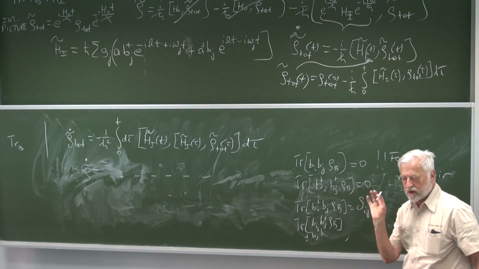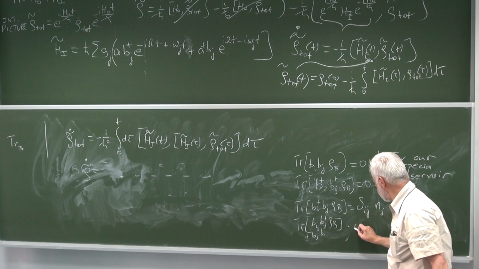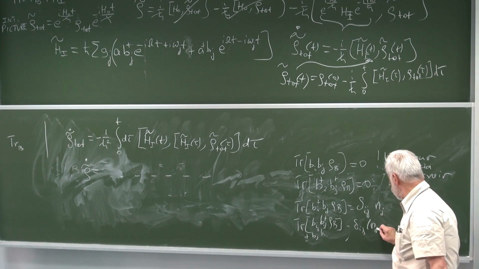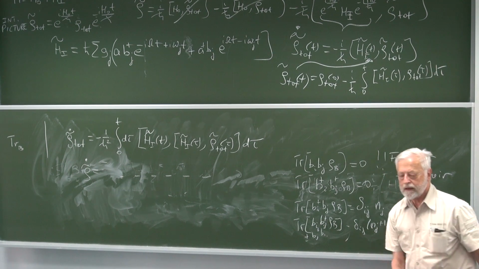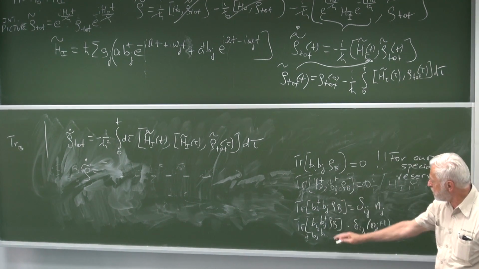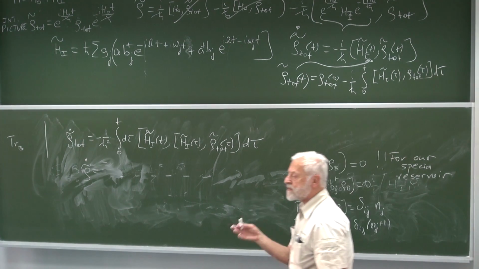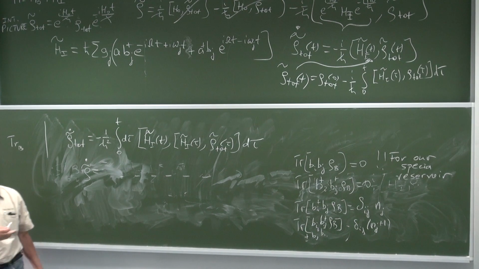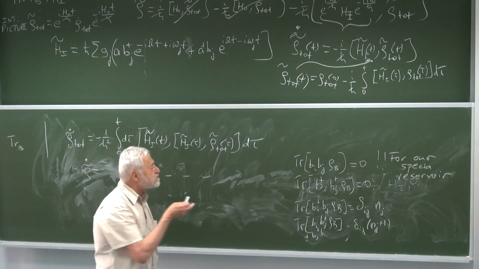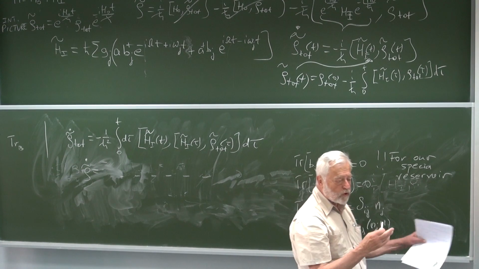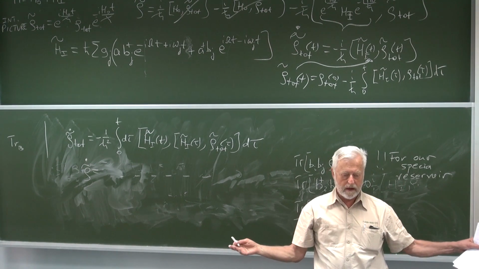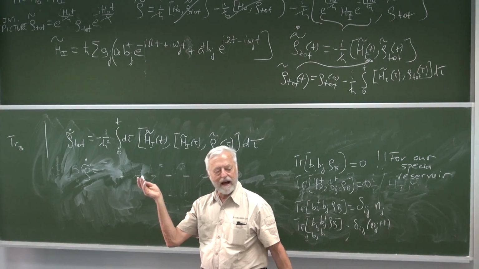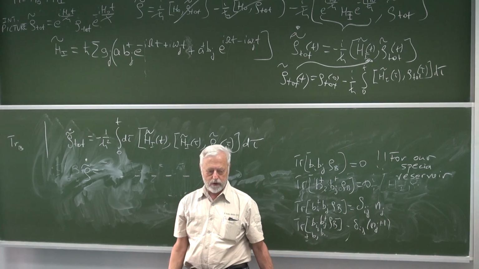Of course, it's always again a delta function. And the value here is simply n_j plus 1. So these are 4 conditions that allow us to perform explicitly the traces over the bath, over the reservoir, for this particular very simple reservoir. A huge thermal bath of temperature which does not care for what little comes out from our cavity.